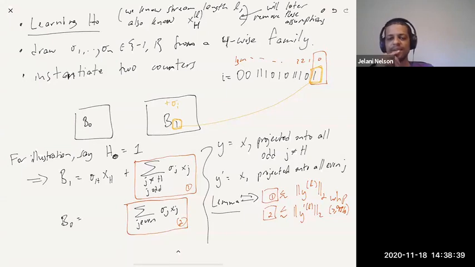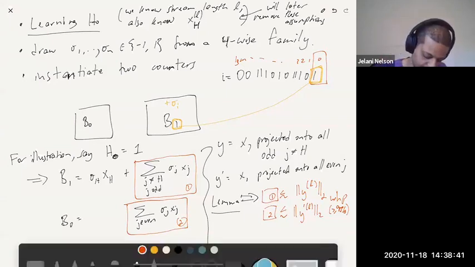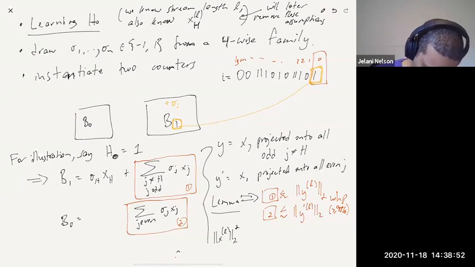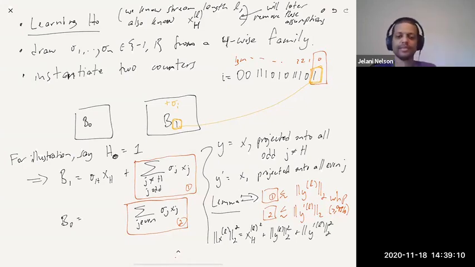But now recall, what do we know about h? h is super heavy, which means at the end of the stream, the L2 norm squared of x is equal to x_h squared plus the L2 norm squared of y plus the L2 norm squared of y prime.